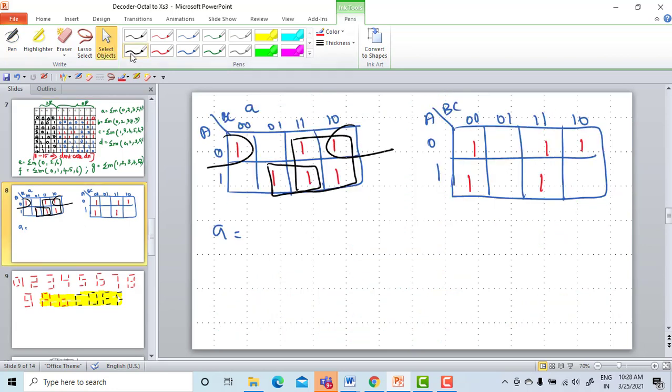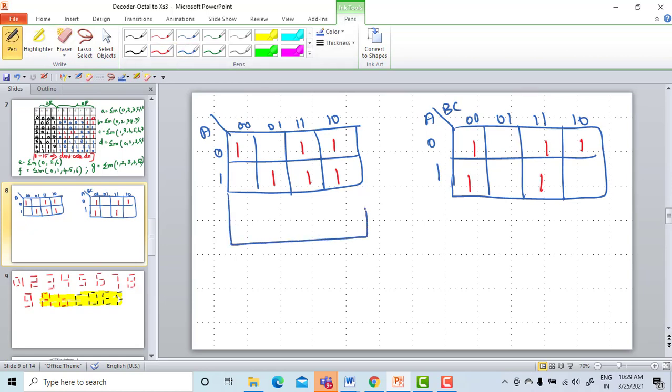So instead of 2 power 3, which is this 3 variable K map, we can go ahead with a 4 variable K map, because we can implement this even with the 4 variable map.